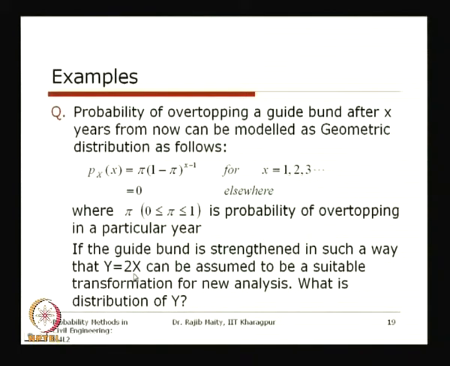If I want to know the nature of this y, then obviously I have to refer to the probability distribution for this new random variable y. So, I have to know what the distribution of this y is.